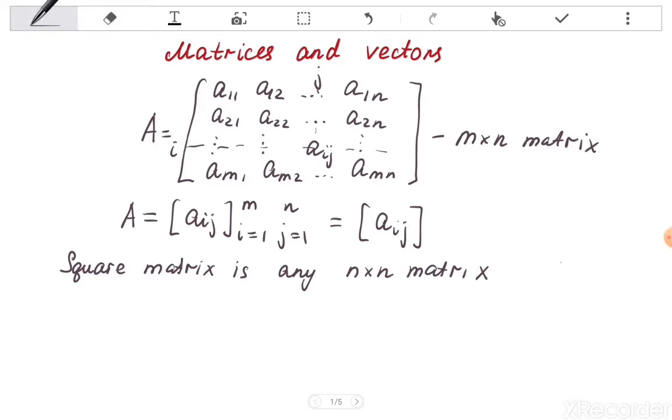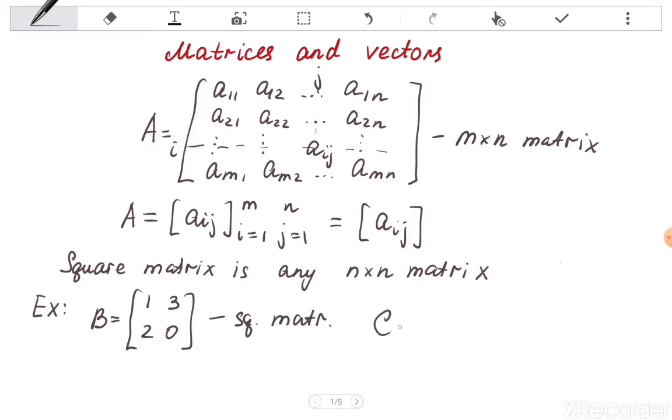For example, let's say matrix B is 1, 3, 2, 0. This is a 2 times 2 matrix, so this is a square matrix. And let's say matrix C is 1, 3, 0, minus 1, 2, 5. It's not square, since this is a 2 rows times 3 columns matrix.